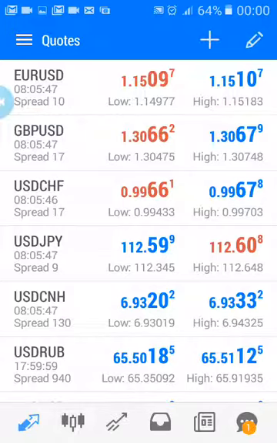That 10 is also calculated down there where you see low 1.14977 and then 1.15183. If you can just bear with me, I'm not going to use a calculator on this platform yet, but if you do your calculations, you will find that 10. You see that 10? It will be there.